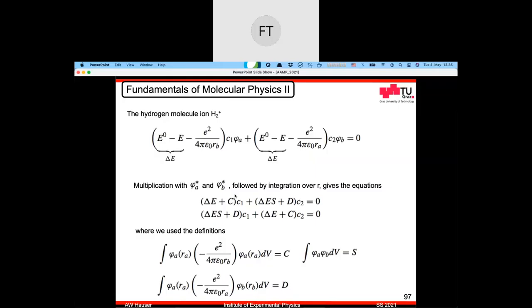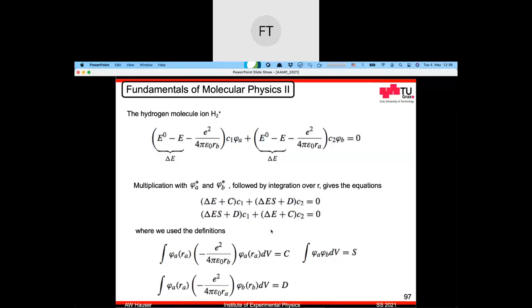So we just denote this difference of energies as delta E, and what remains is a set of equations. If we multiply from the left with phi A star and once with phi B star, multiplying by the atomic orbital phi A from the left gives the first equation, and multiplying by phi B gives this second equation.